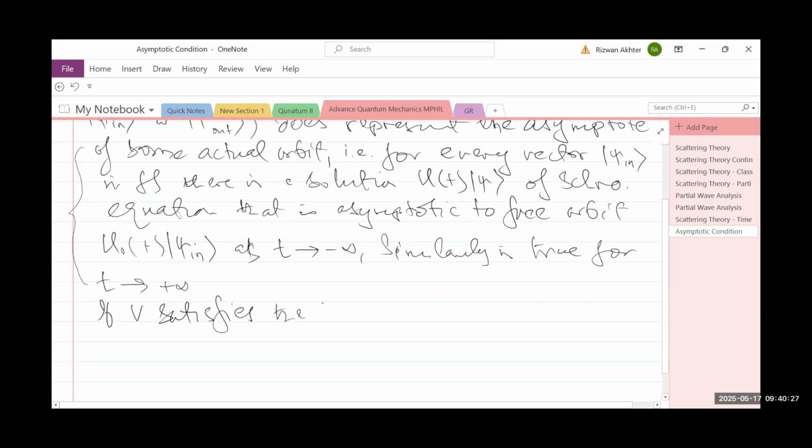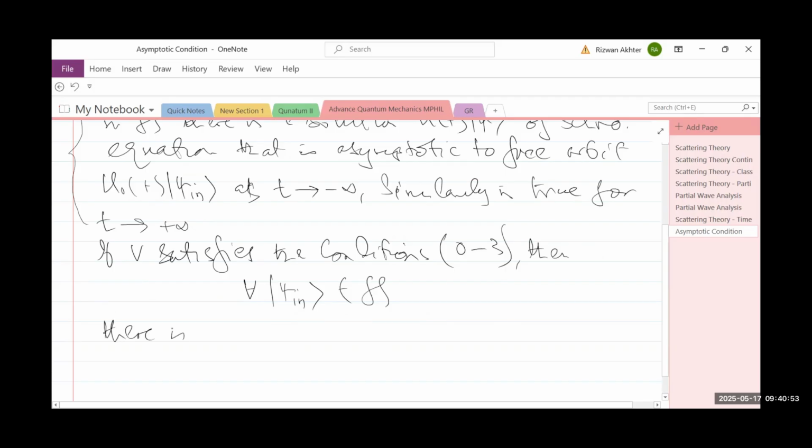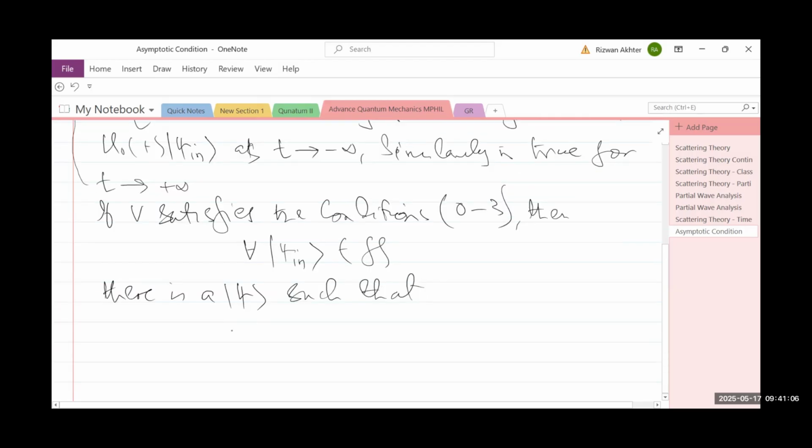If V satisfies the conditions जो हमने 0 to 3 पहले बात कर चुके हैं, then for every psi which belongs to the Hilbert space, there is a psi in such that U of t acting on psi, so this is the actual orbit, minus U naught of t acting on psi in tends to 0, when t is tending towards minus infinity. So this is the difference.